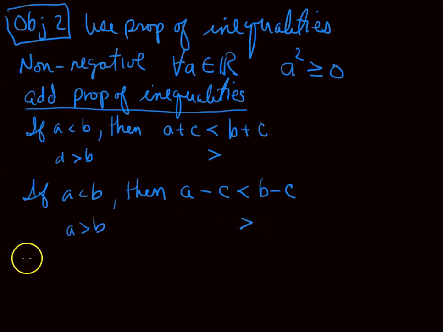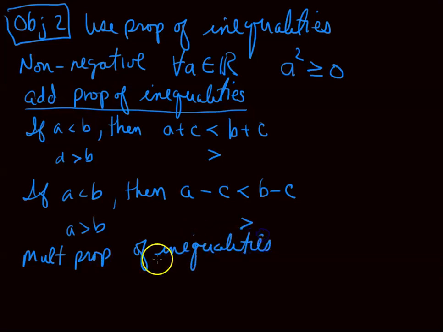Then there's the multiplication property of equality, or inequalities. For this, if you multiply or divide both sides by the same negative number, then it will change the direction.